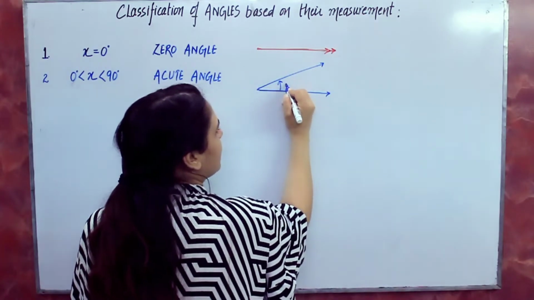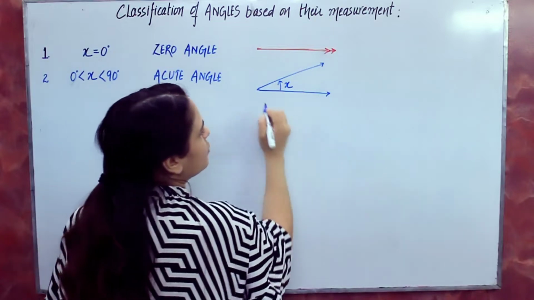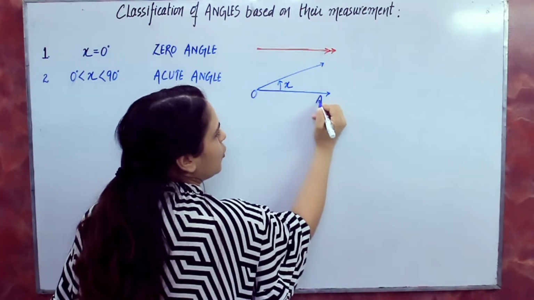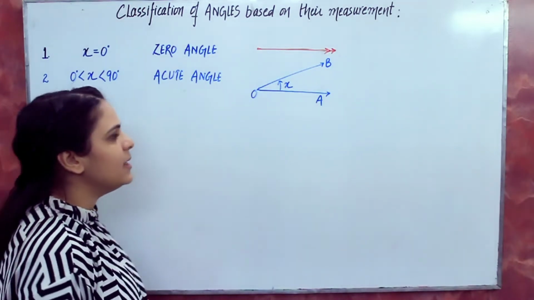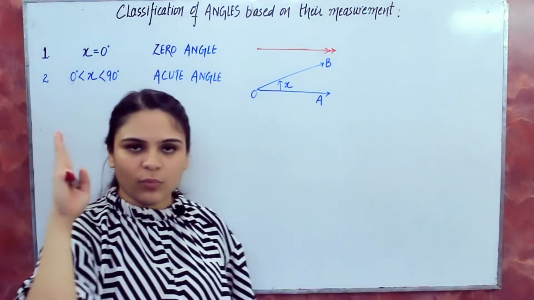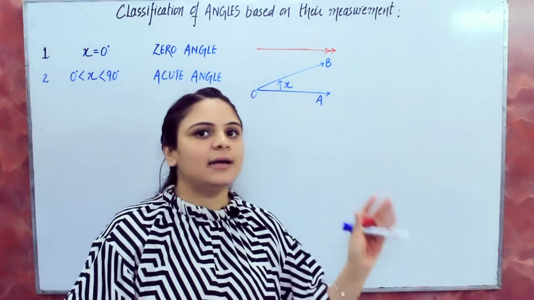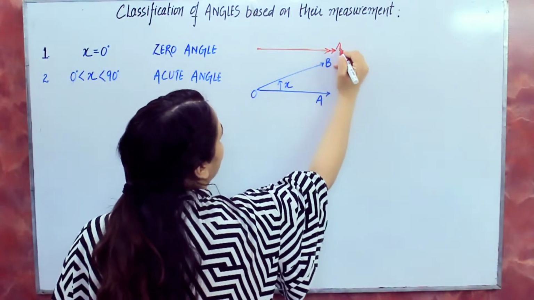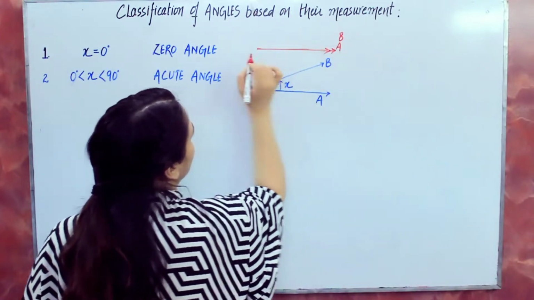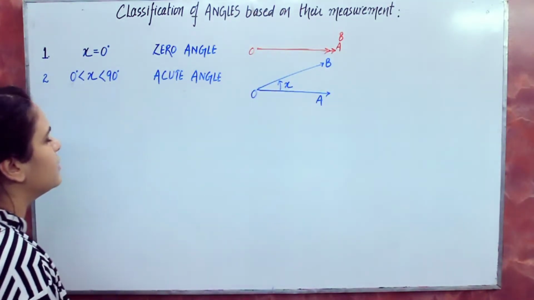So this is our angle X. Let's name it as OAB. So this will be the acute angle. It can be more than 0 degree and less than 90 degree. Here A and B both are coinciding in case of zero angle.